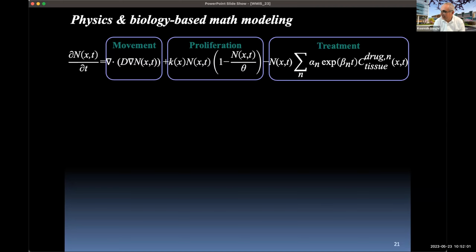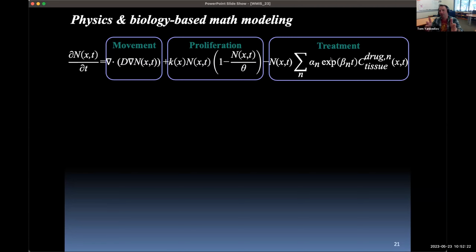Somebody's asking about photothermal therapy models in mice, and how this could be applied in photothermal applications. We've talked with people about that. We've never gotten our hands on any data for that, but that's the power of this whole mathematical modeling approach. This treatment term is just a module.